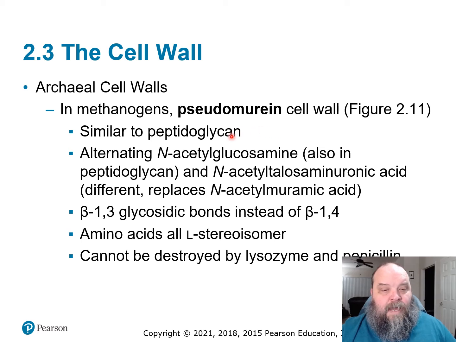So now you have N-acetylglucosamine, NAG, and you have N-acetyltalosaminuronic acid. Something similar to NAM, but really not. A beta-1,3 glycosidic linkage instead of our beta-1,4.